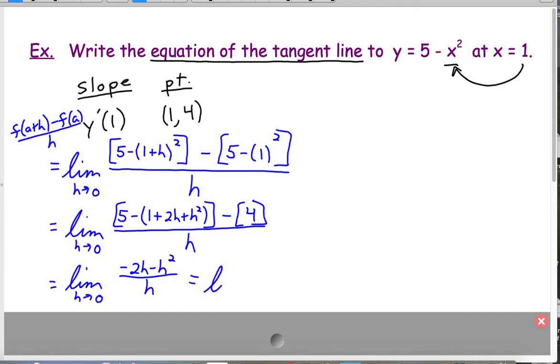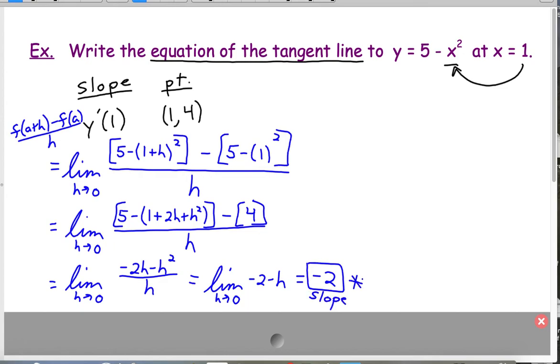So I'm going to have the limit as h approaches 0. And if I factor an h out of the top, I can cancel with the h on the bottom, and so I'll be left with negative 2 minus h. And that limit, if I plug in 0 for h, I get negative 2. So that's the slope of my tangent line.